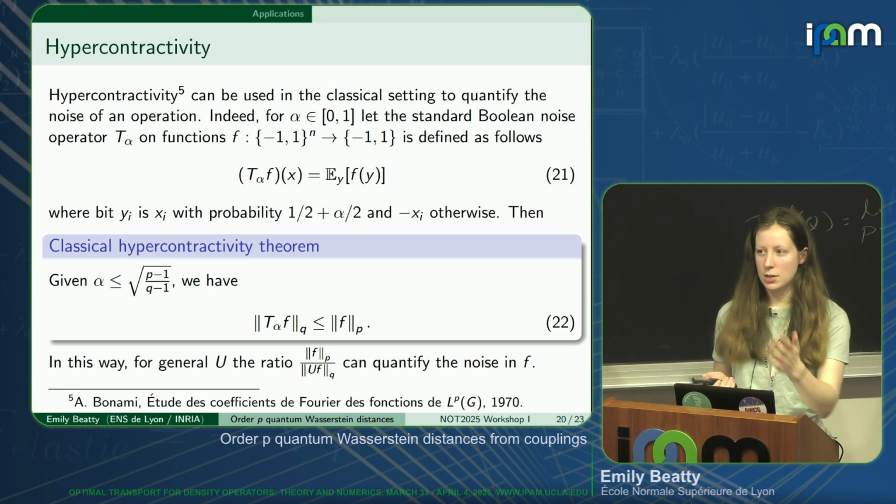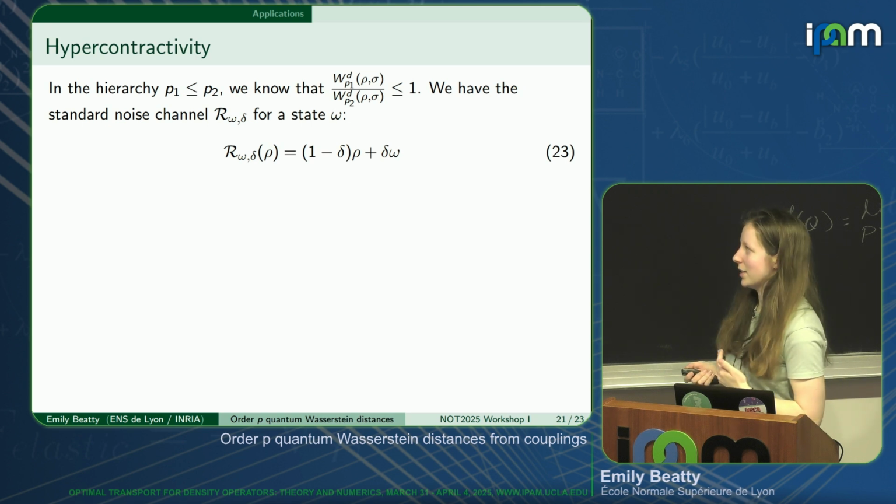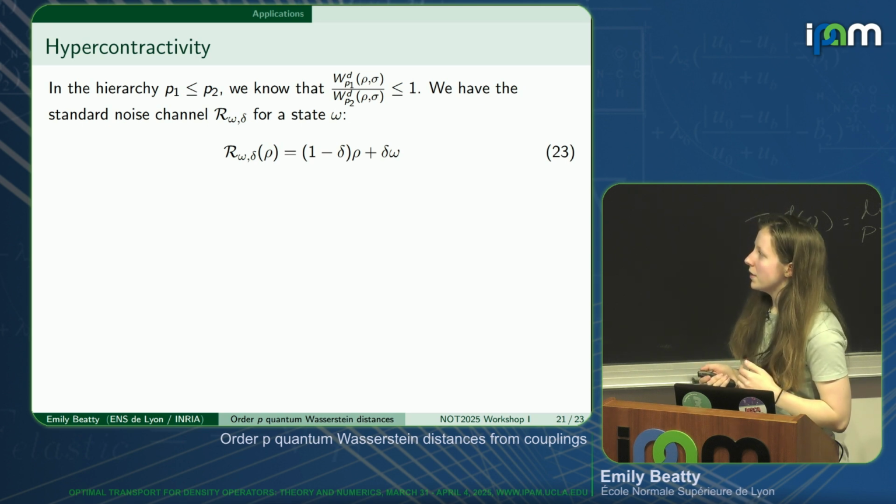And we can do the exact same thing using these Wasserstein distances in the quantum setting. We said that in the hierarchy of quantum Wasserstein distances, for P1 less than P2, the ratio between the quantum Wasserstein distances of different orders is going to be less than or equal to 1.